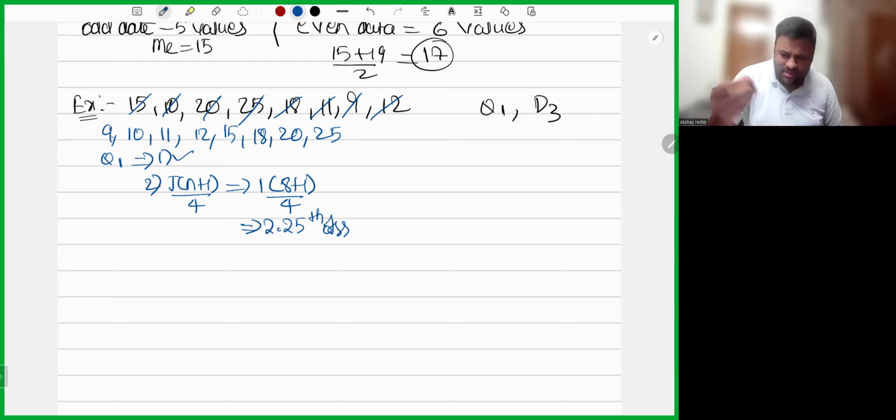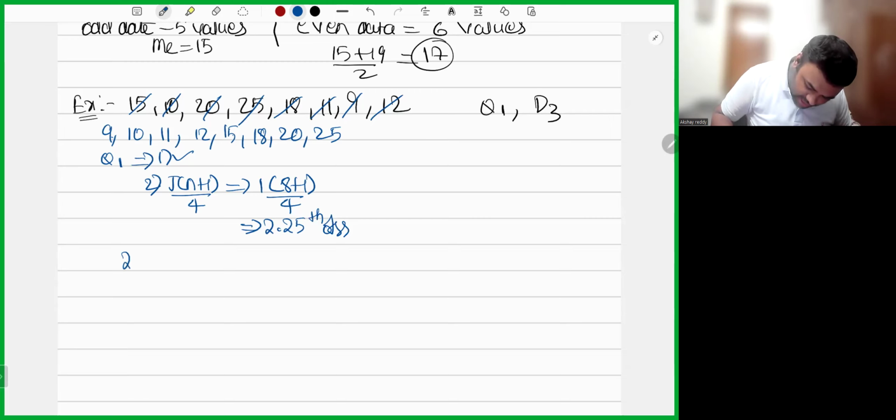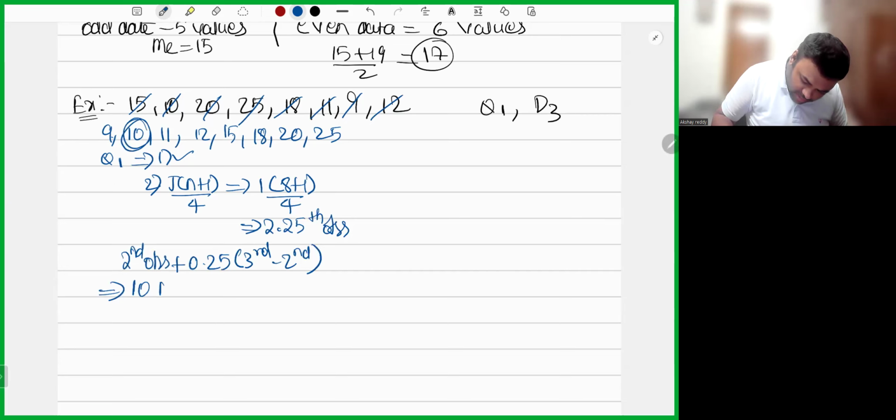How will you identify it, sir? Second observation plus 0.25 into third minus second. Second observation is 10, plus 0.25 into third minus second.